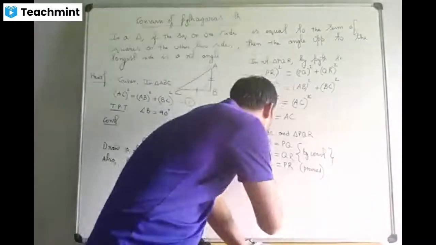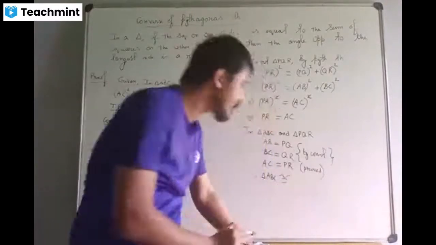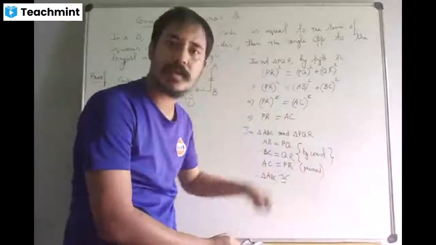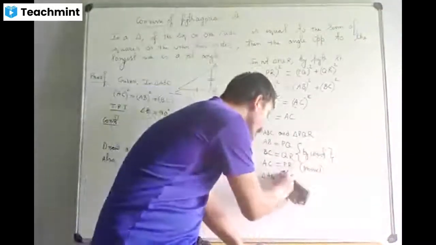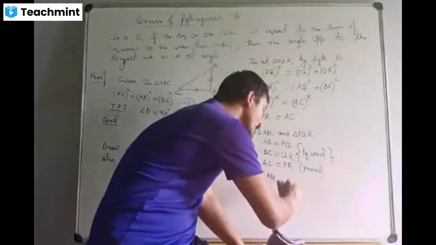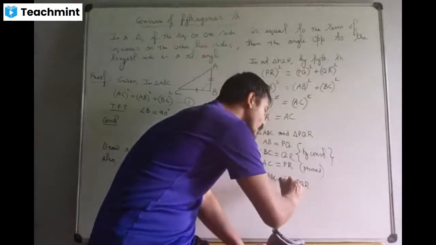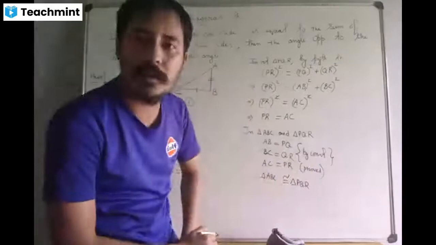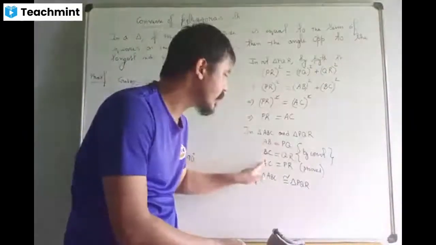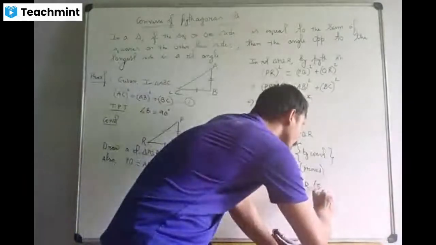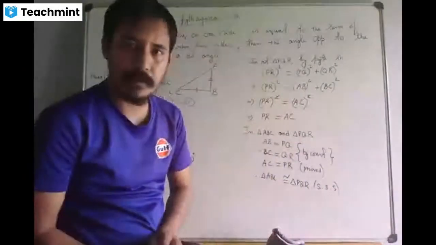It means therefore triangle ABC is congruent to triangle PQR. This is how we write congruent. Congruent means similar as well as equal. This is by side-side-side criteria.